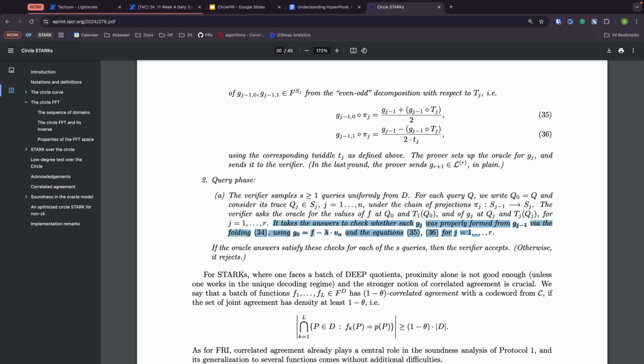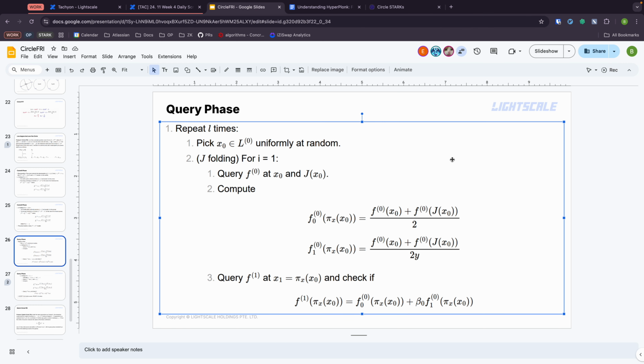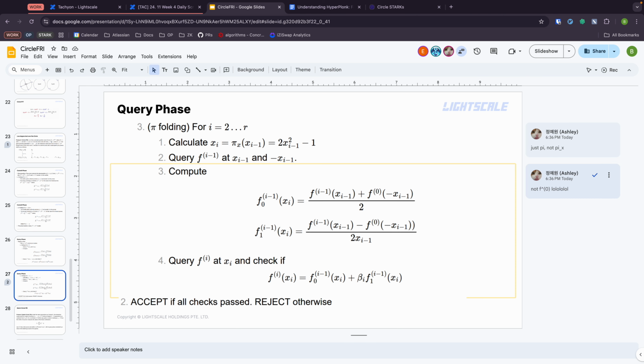Yeah, so here there's no DEEP, right? So there's no actual half domain sampling here. Okay. But they mentioned that to actually make it useful in STARK, because just the proximity is not enough, they use a DEEP domain extension to actually get it.